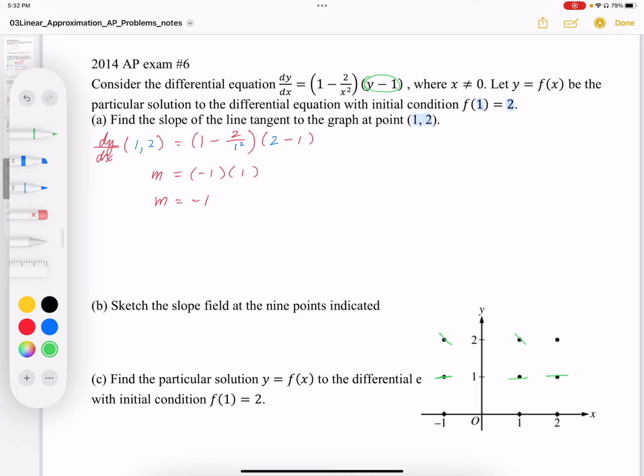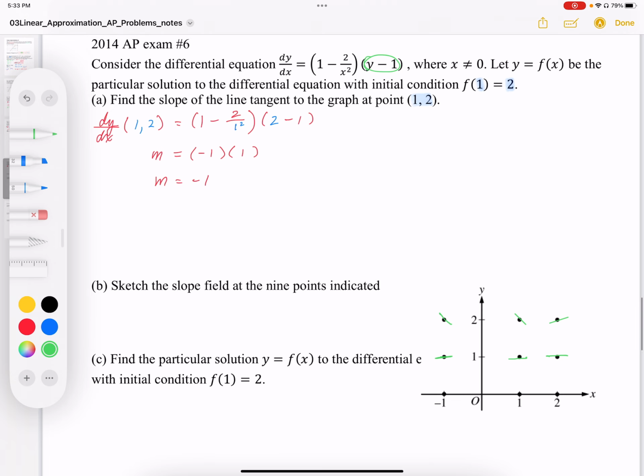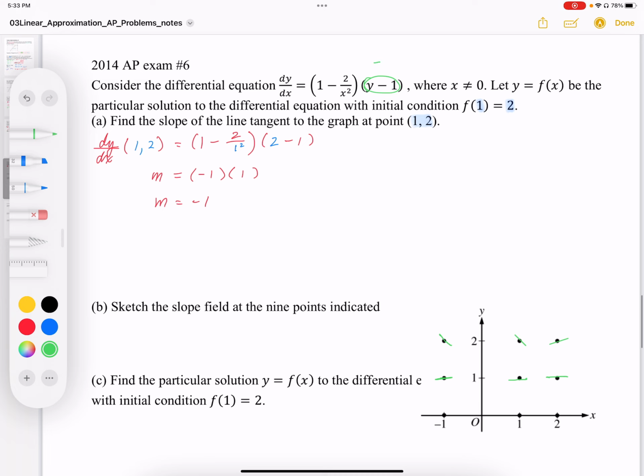And at x equals 2, we're going to end up with 1 minus 2 over 2 squared, which is 4. So 1 minus 1/2 gives me a slope of positive 1/2, so I'm going to draw it like that. Going to y equals negative 1, that's going to make y minus 1 become negative 2.